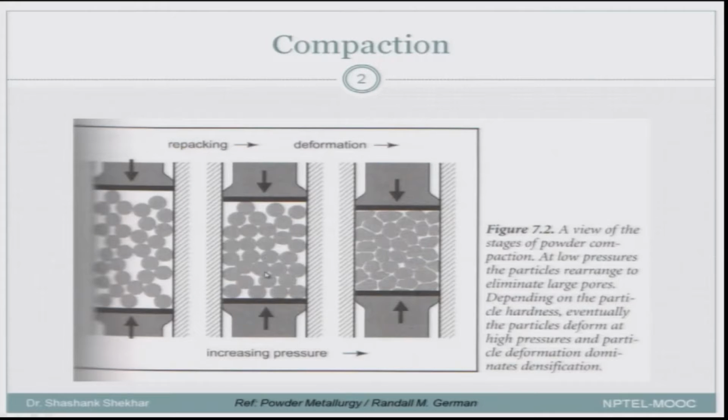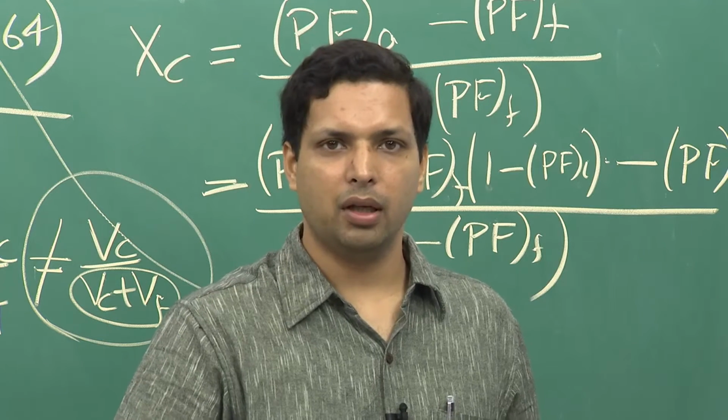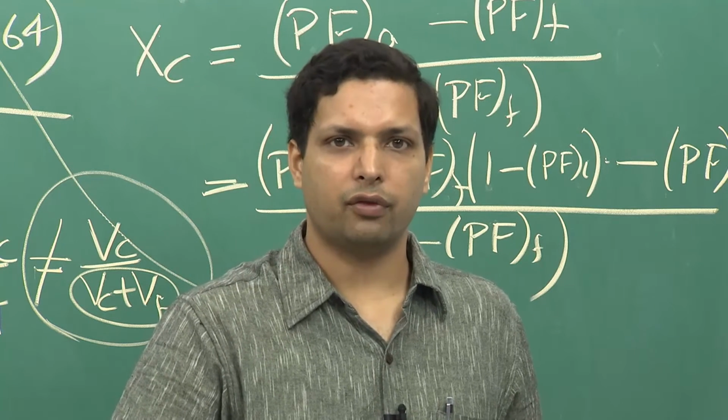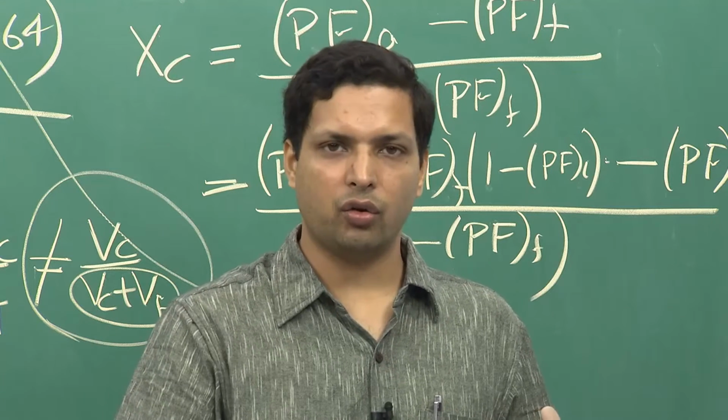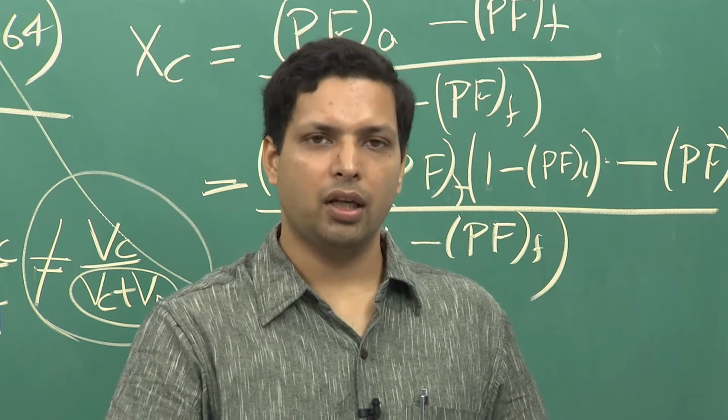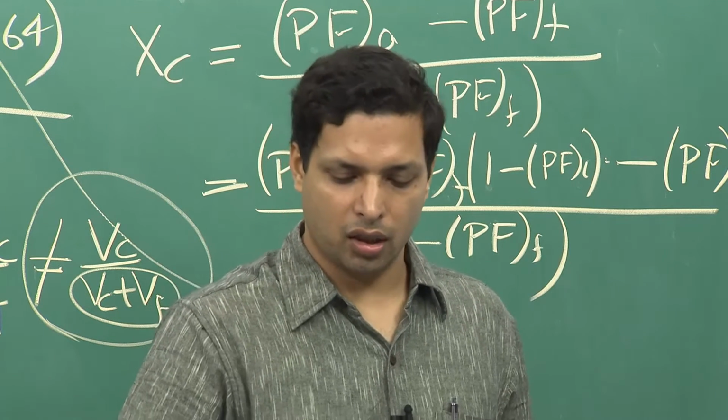So, initially there will be a large increase in the relative density, and if you keep on applying the pressure, the deformation would start to increase. And what happens when the deformation of the material increases? When the material deforms, it becomes strain hardened, and therefore it will have a higher flow stress, so a higher and higher amount of stress will be required to deform it, which also means a larger amount of pressure would be required.